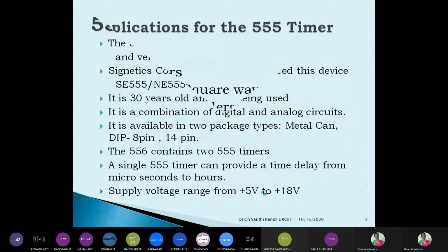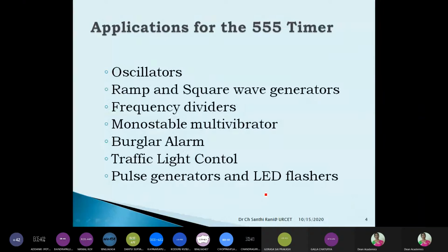Okay, then let us see the applications of 555 timer, right? It can be used as an oscillator, like a voltage controlled oscillator, and it can be used to generate a ramp wave or square wave, right?